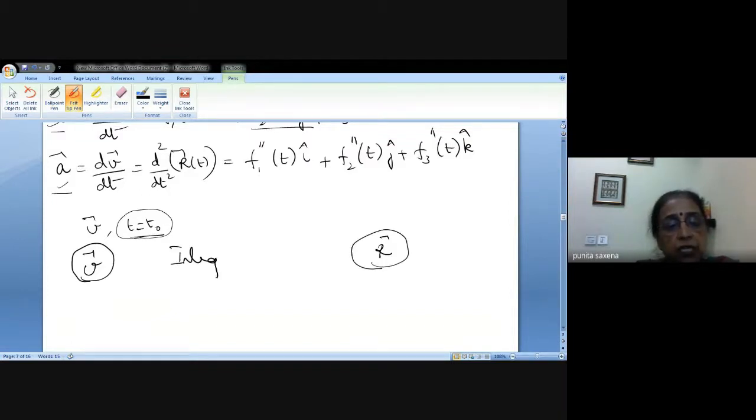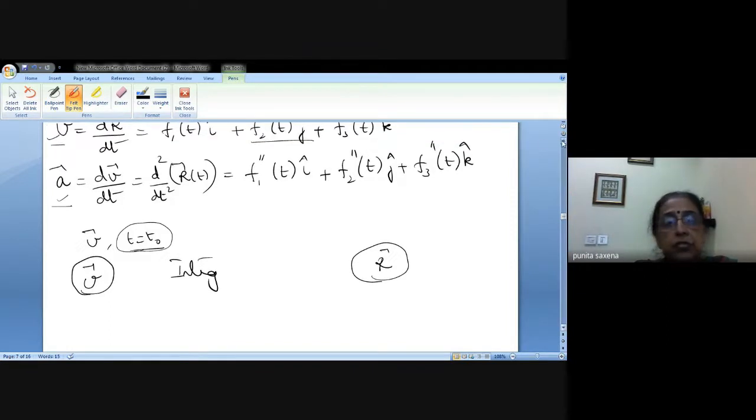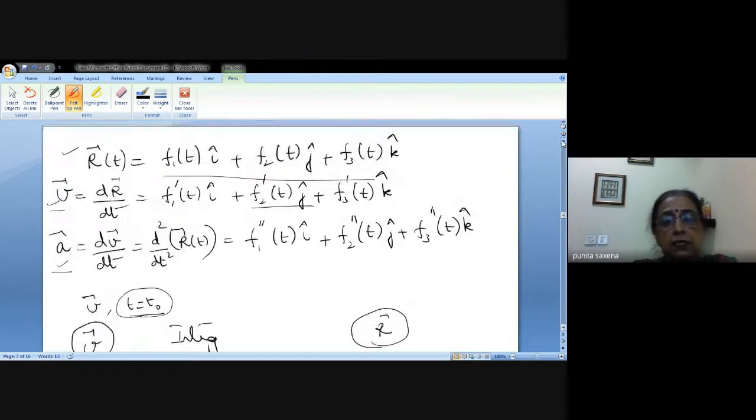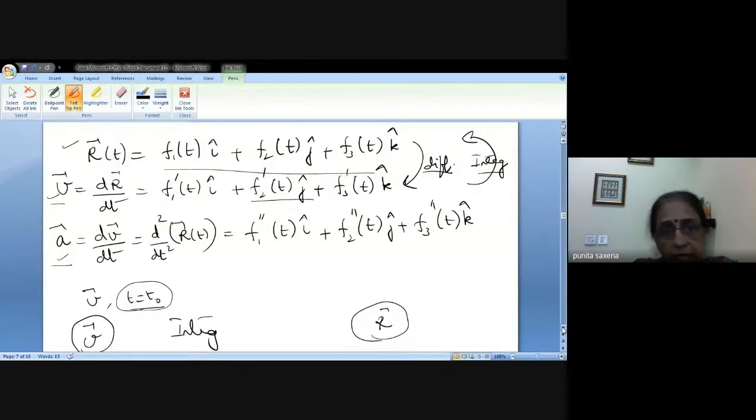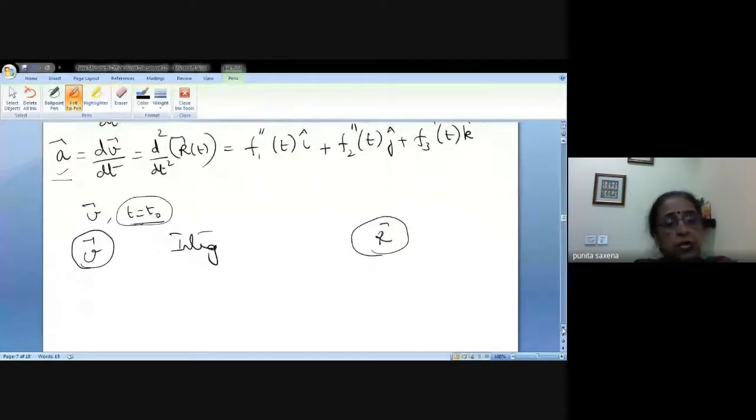I have to integrate, because we have to move back. You differentiate r to get v. So to come from r to v, we differentiate. But supposing I have to go from v to r, then I have to perform the inverse operation of differentiation, that is, integrate. But when we integrate, it's not a definite integral that we are finding. It will be a general integral.